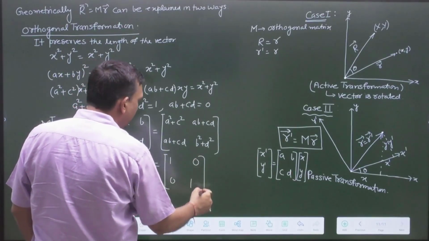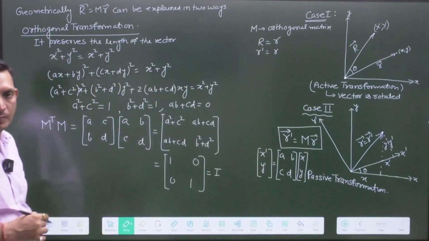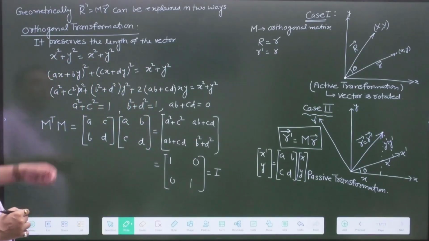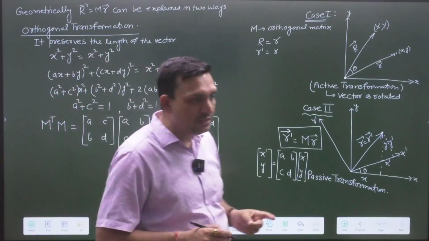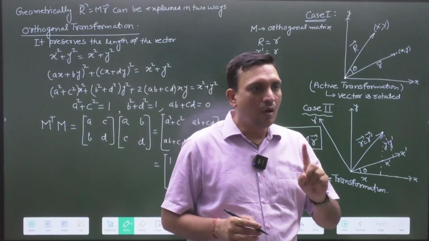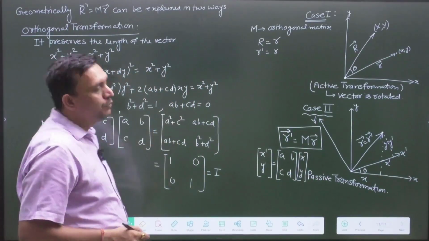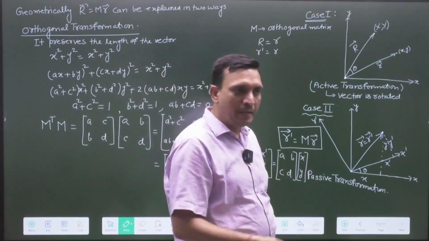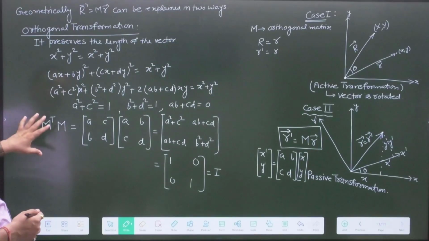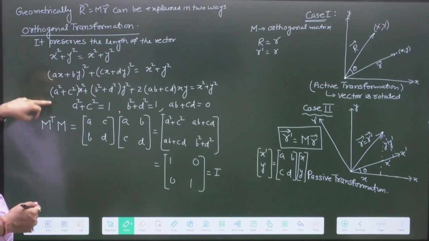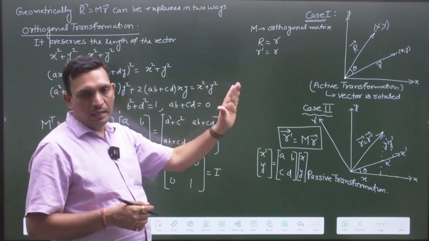So you are getting an identity matrix. So when the transformation preserves the length of the vector, it means the matrix must be an orthogonal matrix. The same thing you will get for a unitary matrix: if you have a complex matrix, it also preserves the length of the vector. So for an orthogonal matrix, there is another property that it preserves the length of the vector.